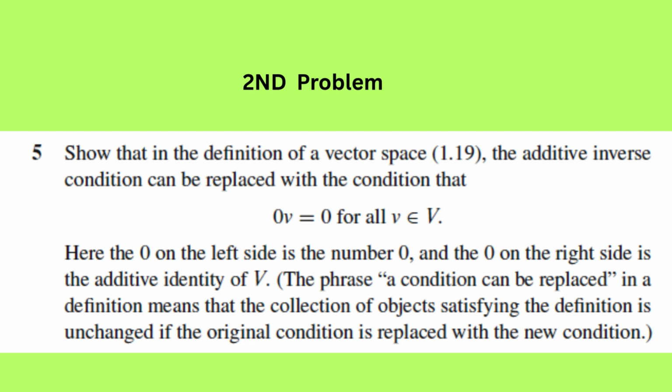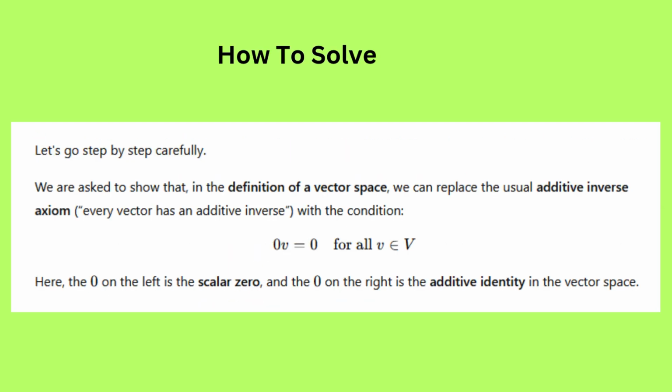You might need to read that twice to get it, but we're going to go into how to solve it because it's also quite simple. Just don't be taken away by the jargon. Let's go step by step carefully.